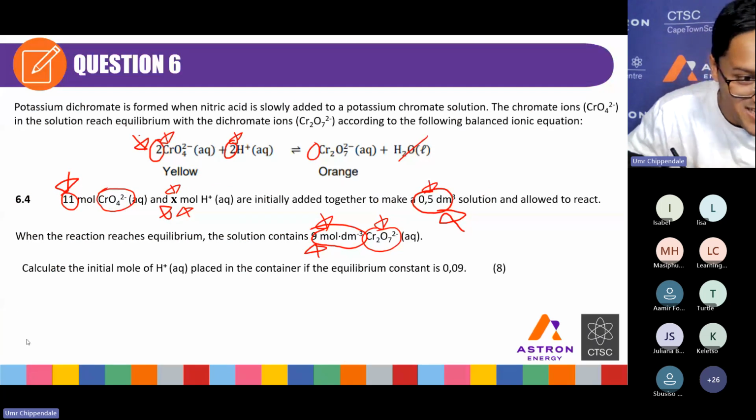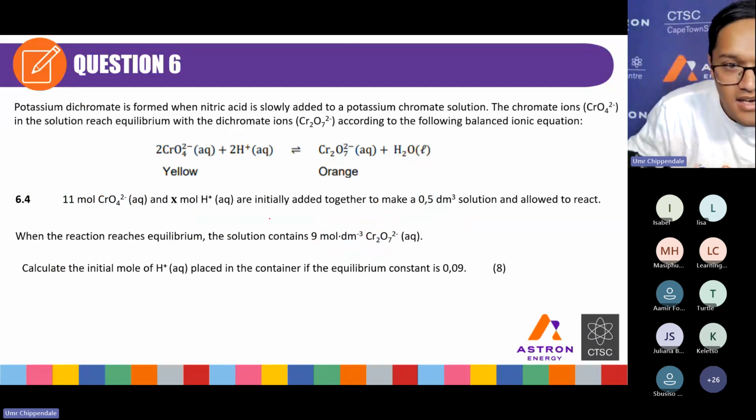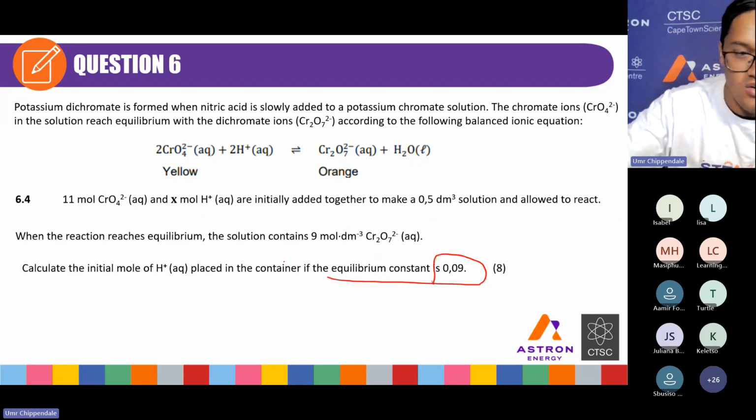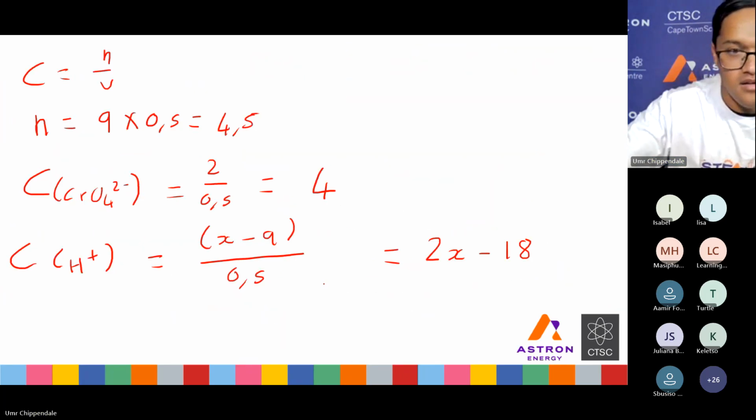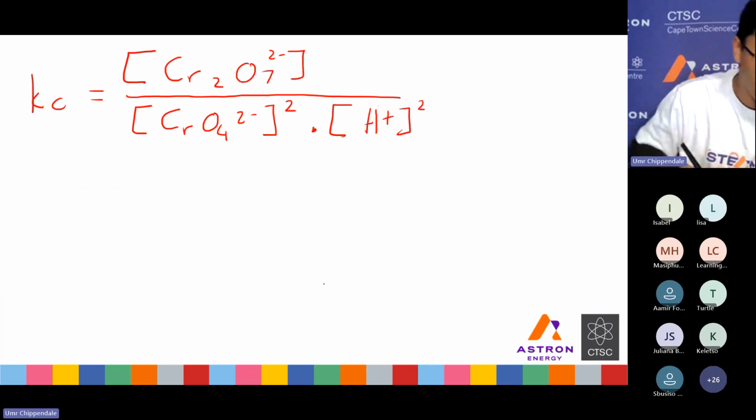Now we are going to write down what was given, not to lose anyone along the way. There's a lot on the slide, so let's just erase. The part I needed to focus on now is, here they told us the equilibrium constant is 0.09. So we're going to plug in those values and all of these values into our Kc expression now. Because I don't like losing people as we move along.